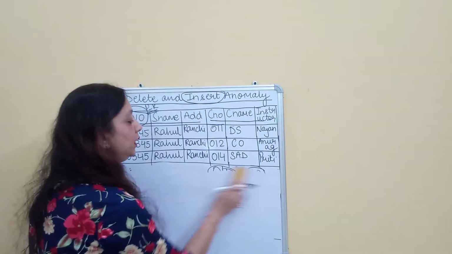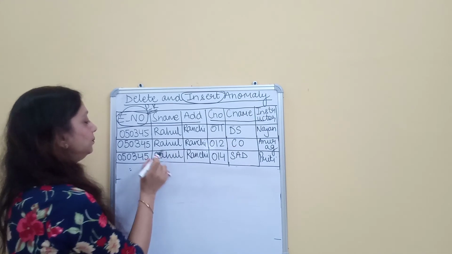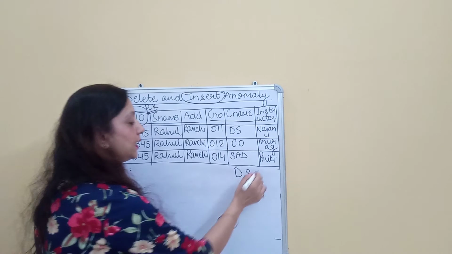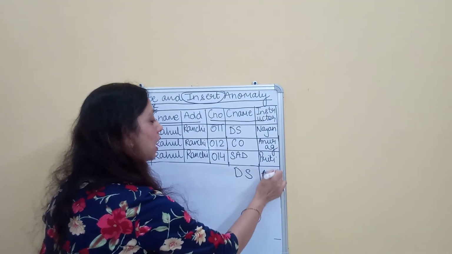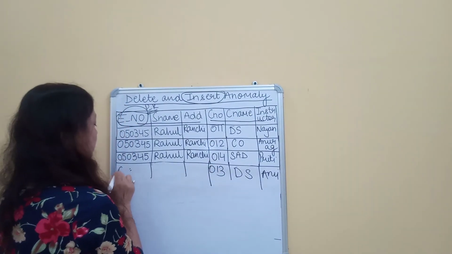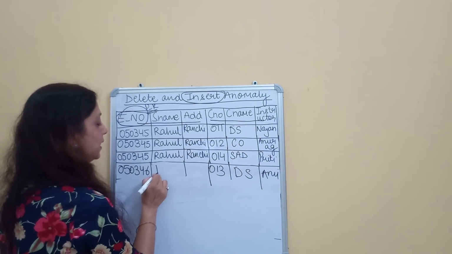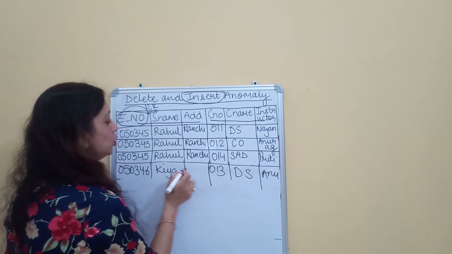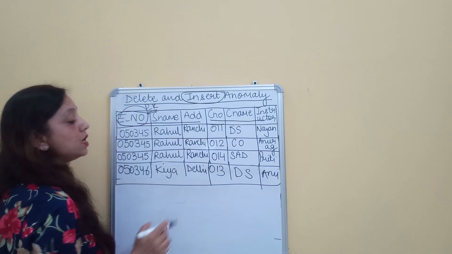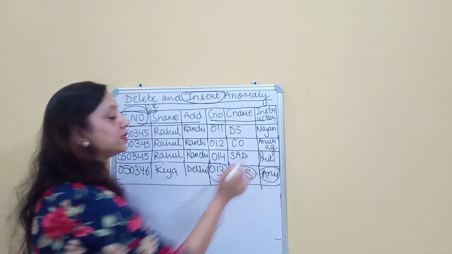Because when I try to delete a particular record, say for example, here we have a student course data structure whose instructor is Anu, whose course code is 013, for a student whose enrollment number is this and name is Kia, who is from Delhi. Say for example, this is one tuple. Now data structure is a course having a course code 013 whose instructor's name is Anu.